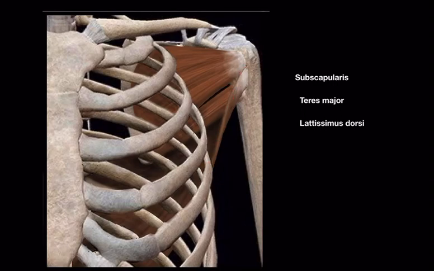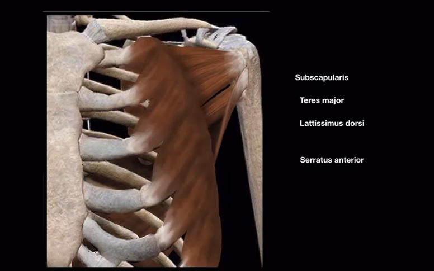Now let us see the medial wall. This muscle, which wraps around the thoracic wall laterally, will form the medial border of axilla, the medial wall of axilla. This muscle is known as serratus anterior. Its origin is serrated, that is, it arises from the upper 8 ribs as 8 digitations.